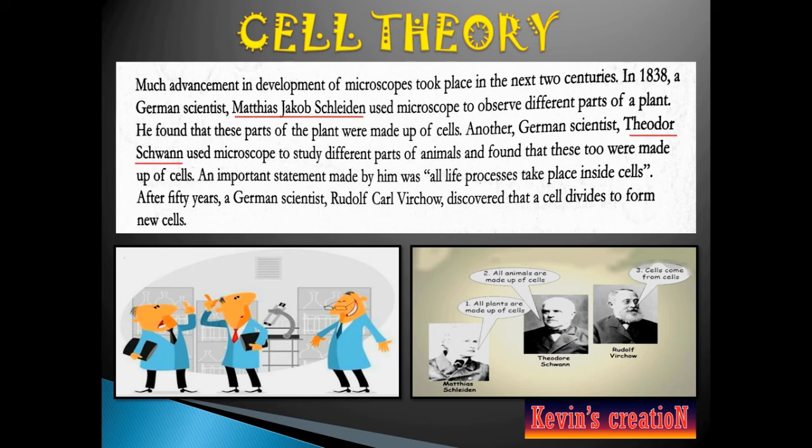Then again it took 50 more years, that means 250 years after Robert Hooke gave the term cell, came another German scientist, Rudolf Karl Virchow. He discovered that a cell divides to form new cells. That means the older cells, when they become mature, divide and give new cells.